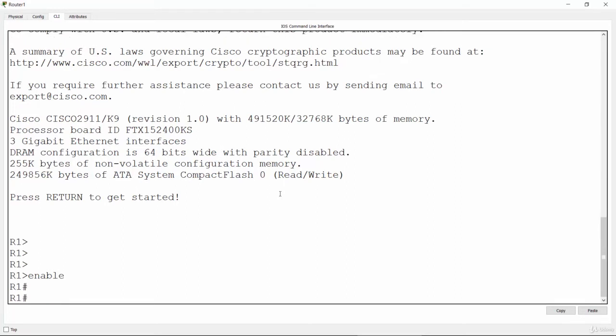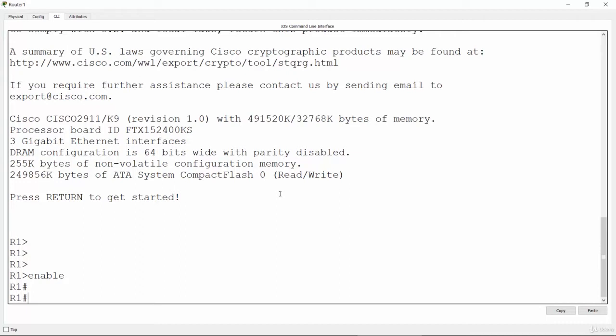From now on, I'm not going to explain how I go into the enable mode or why I go to the config mode, because I talked a lot of times about what these commands are doing.